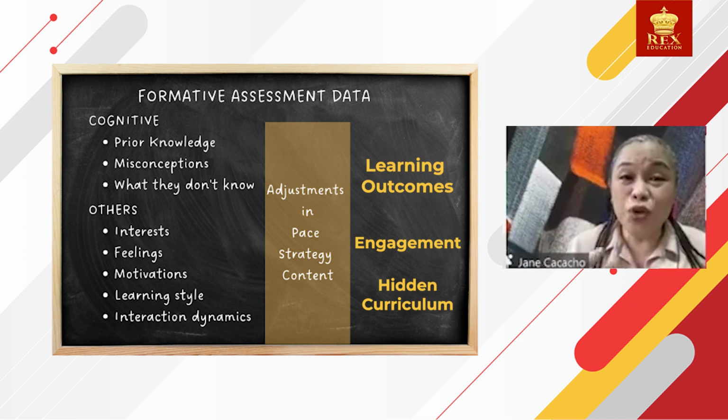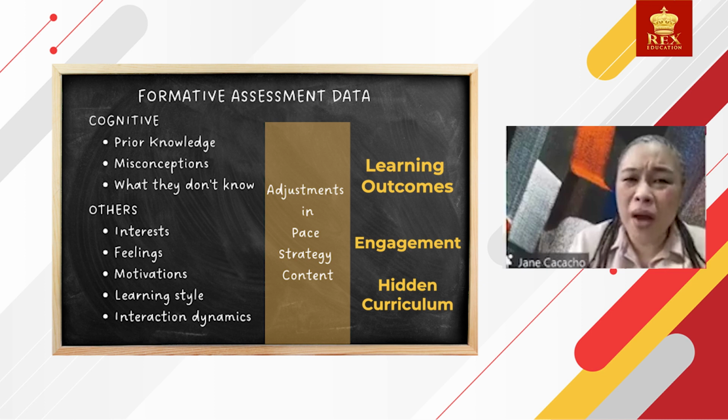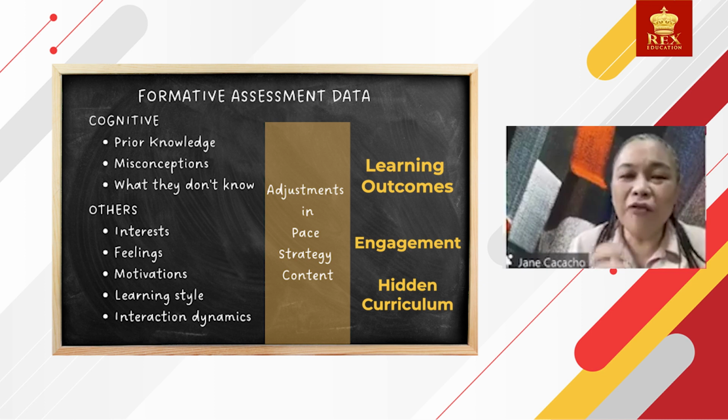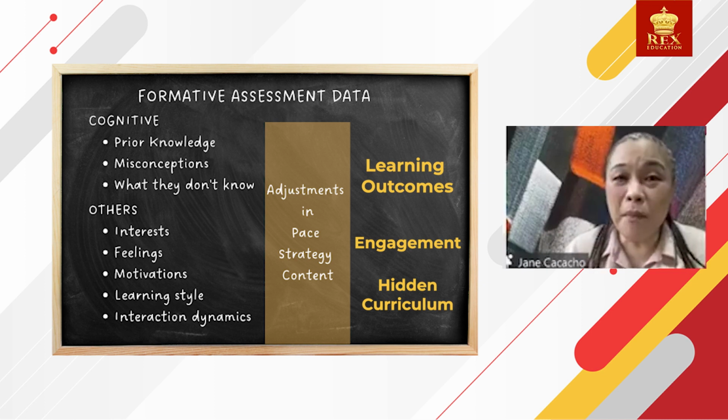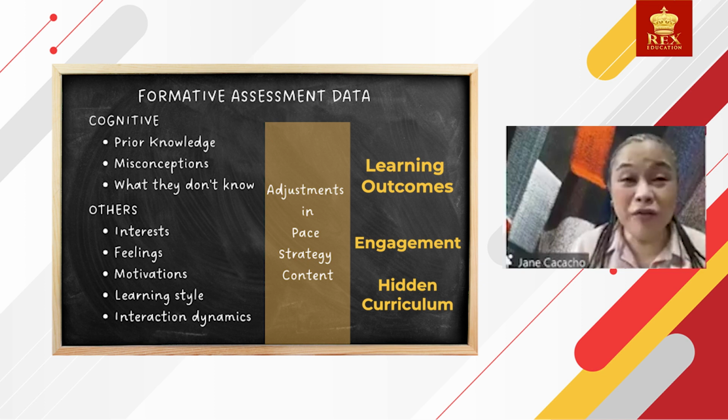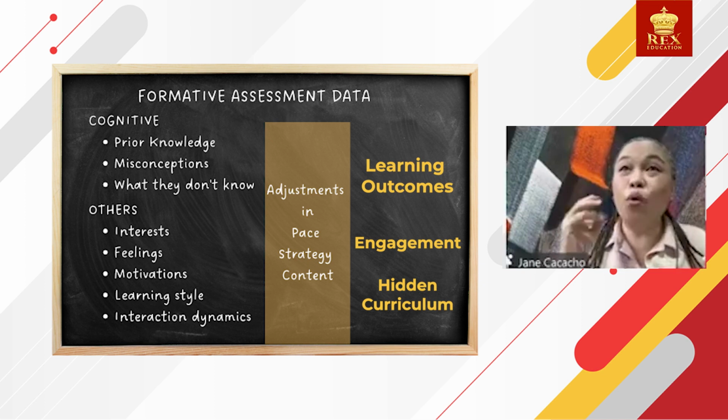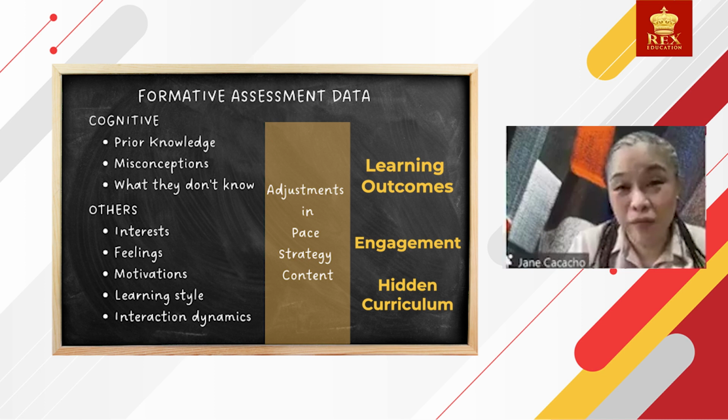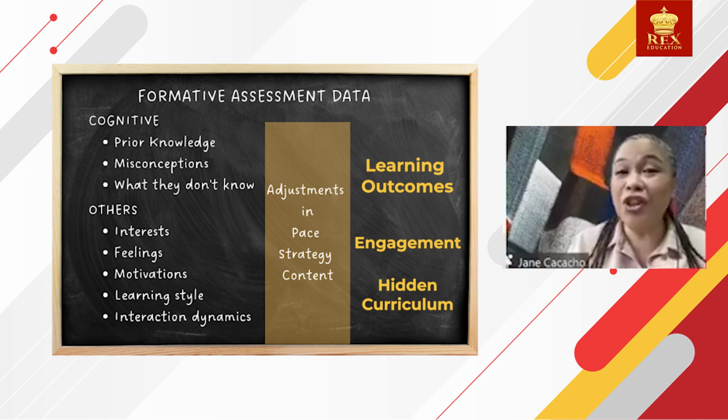So as we get to know and find out how we can reach our students better, we are also able to deliver our hidden curriculum better. And what's part of the hidden curriculum? How to be good citizens of the country, how to be kinder people, how to follow rules and regulations, and so on and so forth.